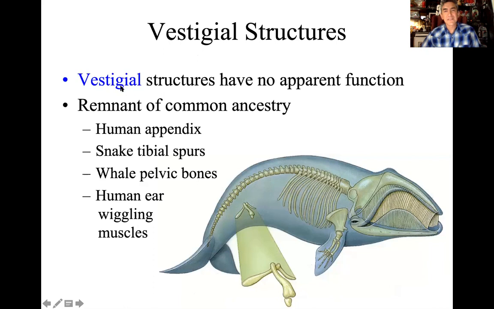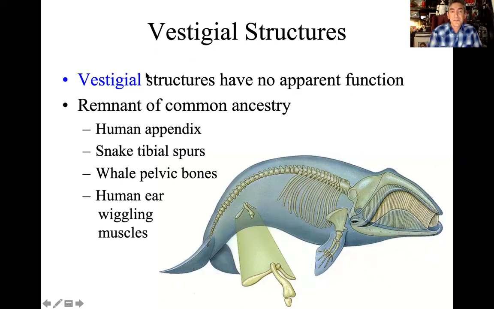Vestigial kind of translates to useless, non-useful, right? Well, they seem to have no apparent function in the current organism, but they give us a little insight into the past historic potential use of that organ in a more primitive organism.